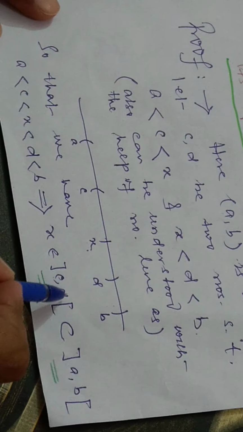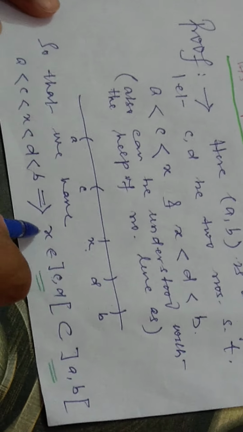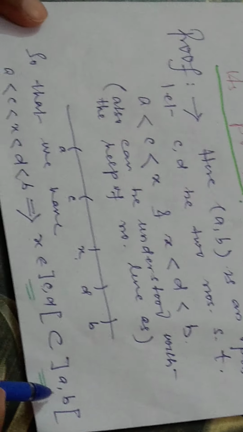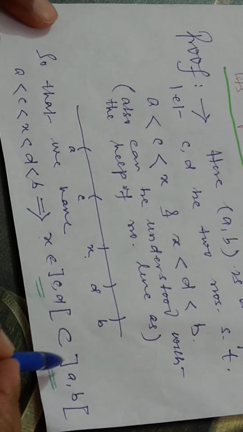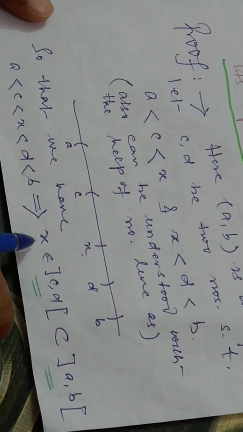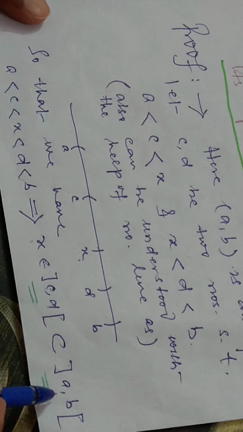So we see that there exists an open interval containing x and contained in the open interval (a, b). So the open interval (a, b) by definition is a neighborhood of the point x.